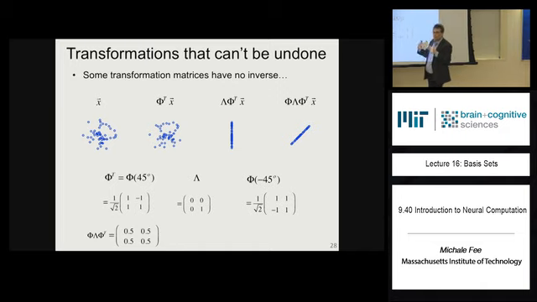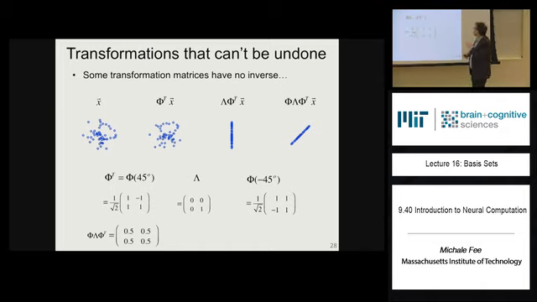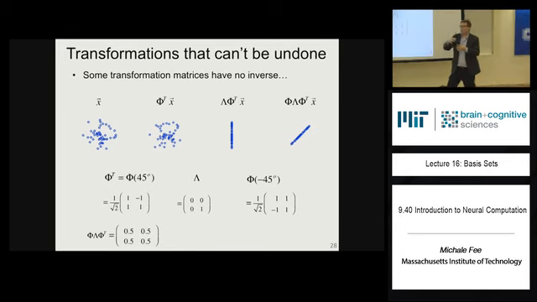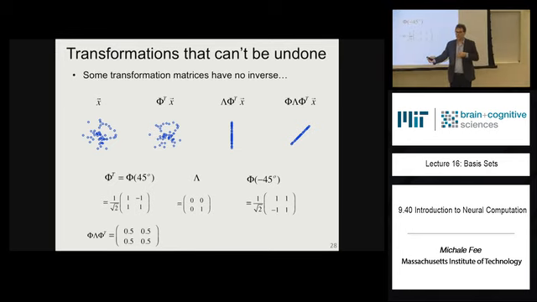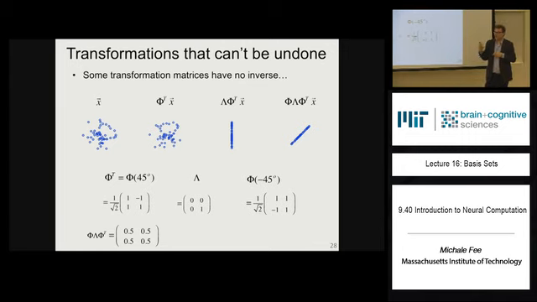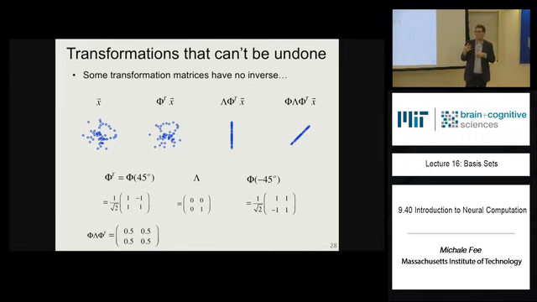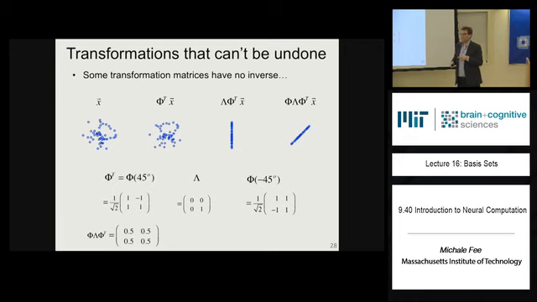Now, can we take those data and go back to the original data? Can we write down a transformation that takes those and goes back to the original data? Why not? Good. What's another way to think about that? You've lost that information.